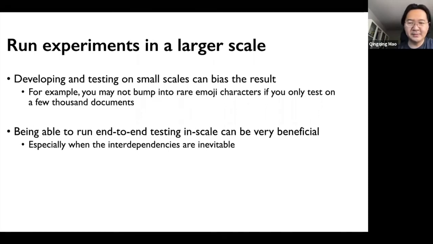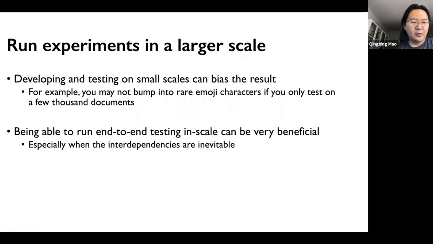So you randomly subsample the data, and you just run your experiments on a small subset and try to get things working. And after you feel things work, you push to a larger scale, right? Sometimes you have to go to larger scale to actually identify some of the problems.